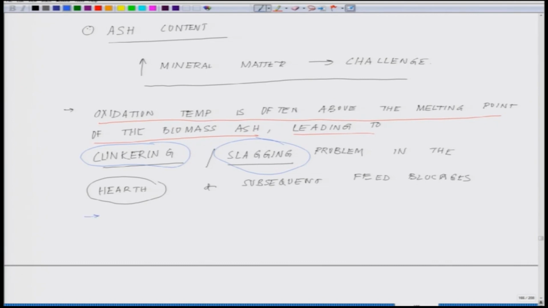So, let me add one more thing. Clinker occurs when the ash percentage is more than 5%. If it is more than that, it leads to the formation of alkali oxides and salts.